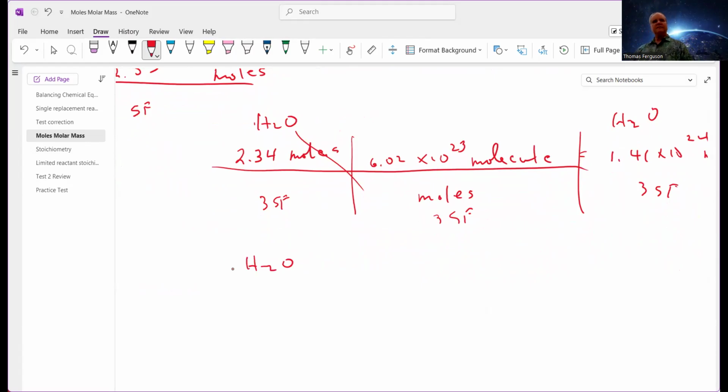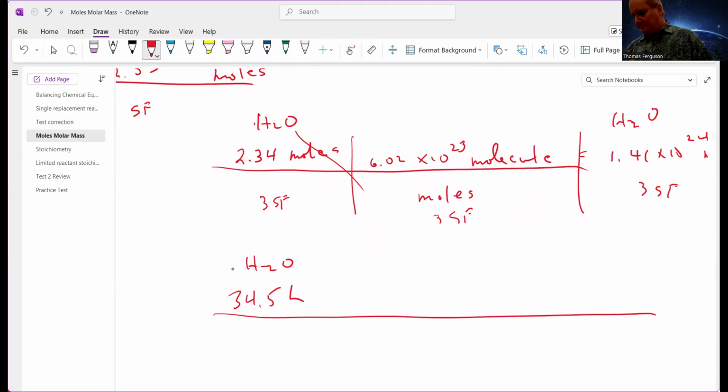And we started with 34.5 liters of gas at STP. How many molecules of water are there in 34.5 liters of gaseous water?